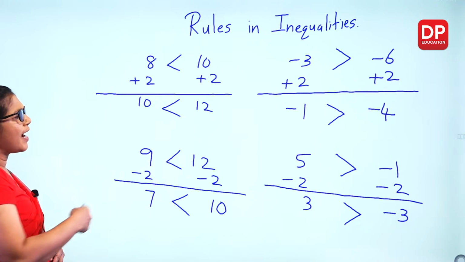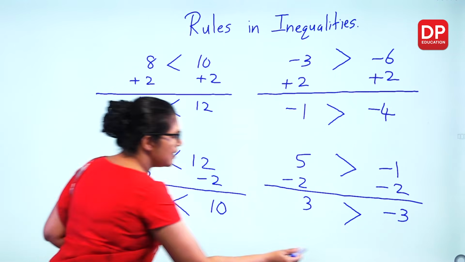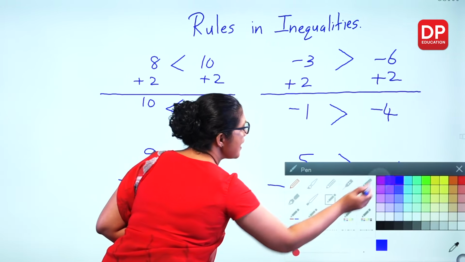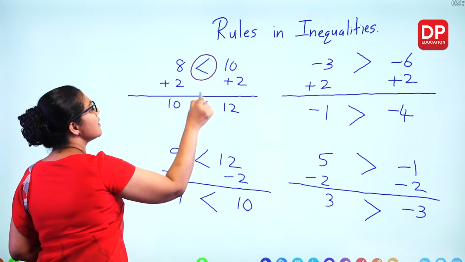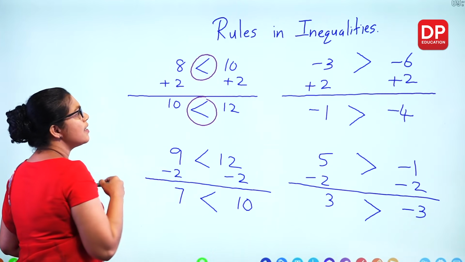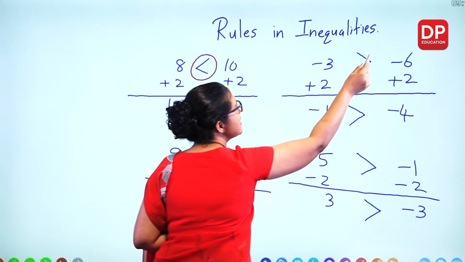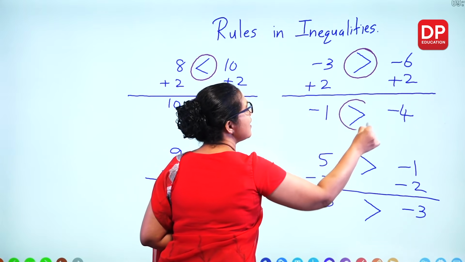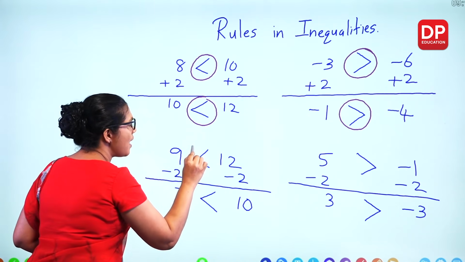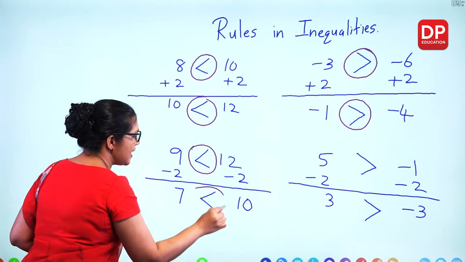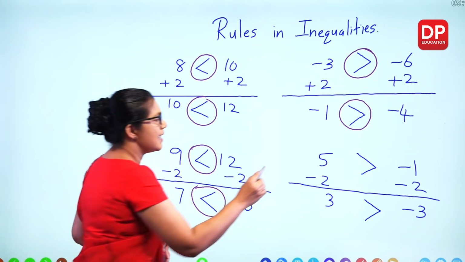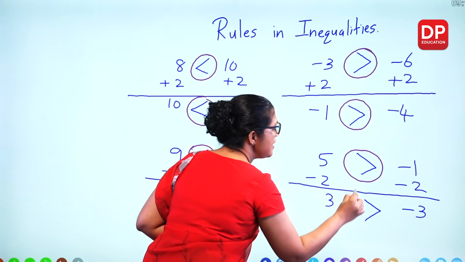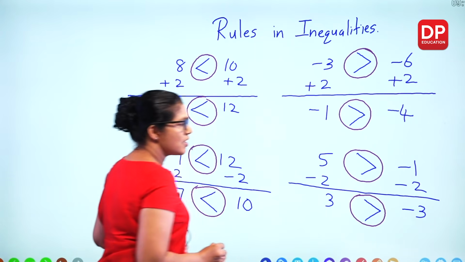So when you look at all these, what can we say? When we are adding a number to any inequality, or when we are subtracting a number from any inequality, the sign doesn't change.